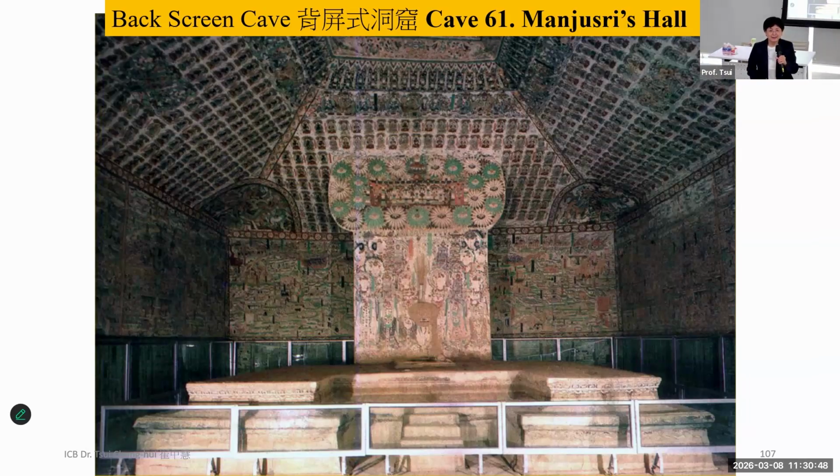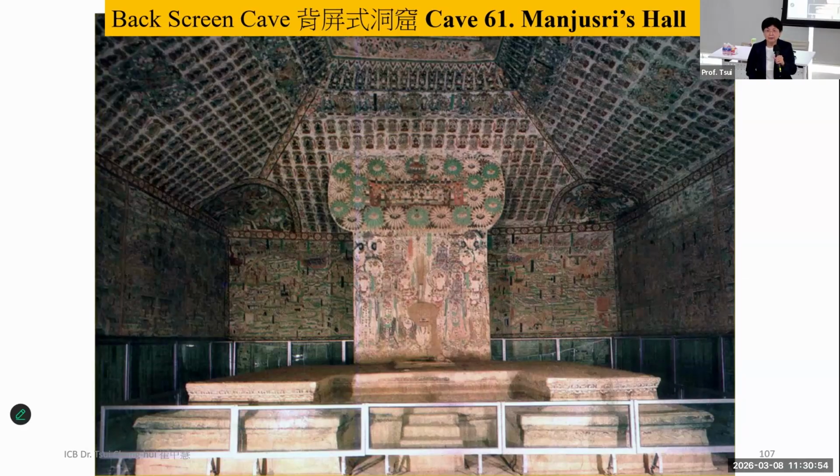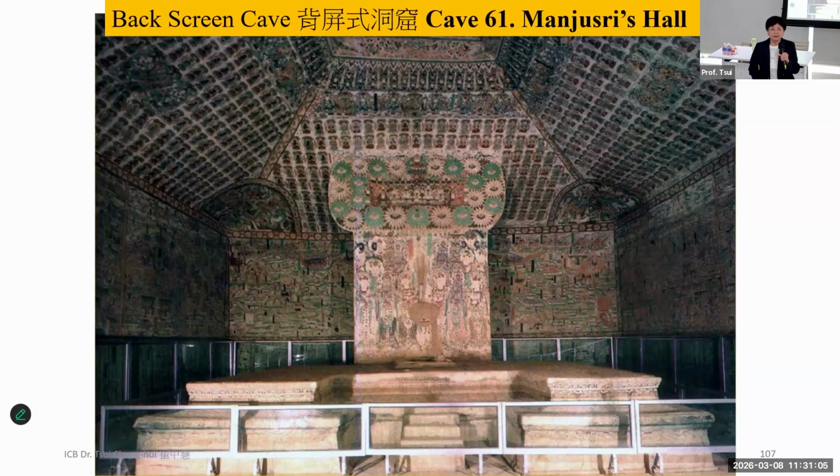You. Then my second question is in relation to the Central Pillar Cave and, for example, the Manjushri Caves. Are all the images in the Central Pillar Caves and the Manjushri Hall part of the stone? That is to say, are they all carved out of solid cave rock instead of being carved elsewhere and brought into the caves?